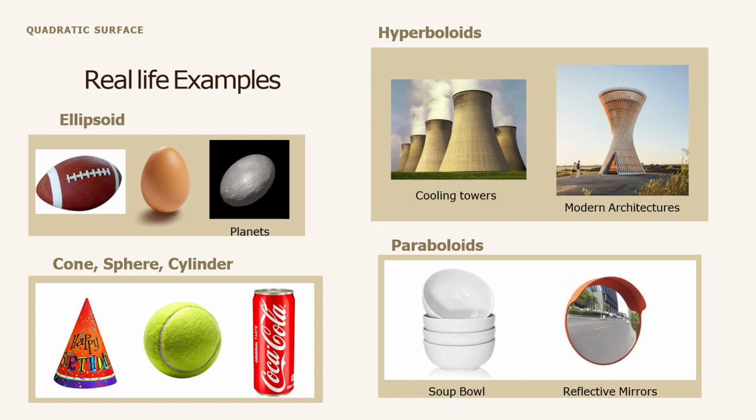Cones and cylinders appear in countless engineering structures, and these mathematical surfaces help computers generate realistic three-dimensional objects. So as you can see, there are some real-life examples of ellipsoid, cone, sphere, cylinder, hyperboloids, and paraboloids.